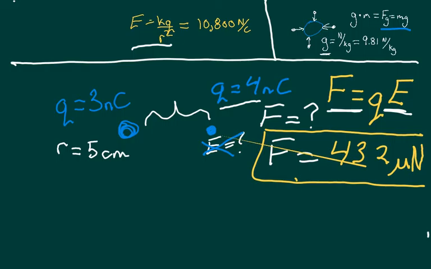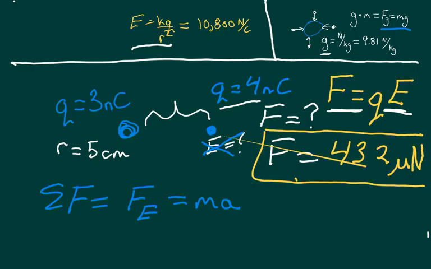And of course, this all relates back to Newton's second law. If we were to do a sum of forces acting on this, gravitationally speaking, this 4 nanocoulomb charge probably doesn't have that large of a mass, so we can say that the gravitational forces on it are negligible. It's going to be this electric force, and that will equal the mass times the acceleration of the object.